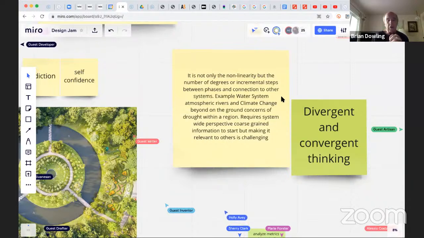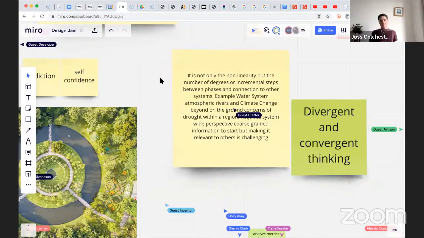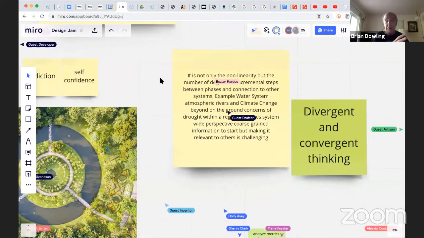But the Stockholm Resilience Center is saying that not only do you have to worry about the regional droughts, but you also worry about the fact that climate change is changing the atmospheric rivers that are defining where the rain falls, and those rainfalls are defining what happens with climate change. So it's a positive, vicious feedback. But trying to get people to think about it is hard when they're just thinking about the fact that they can't flush the toilets.